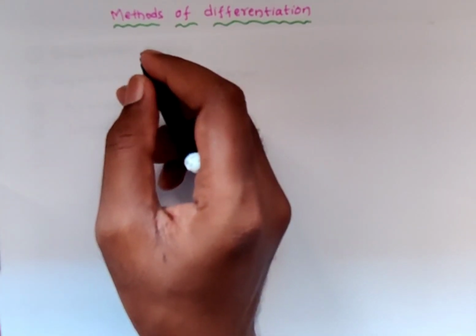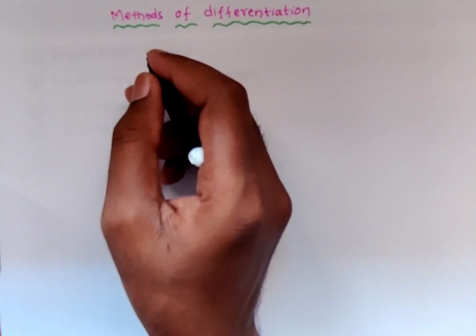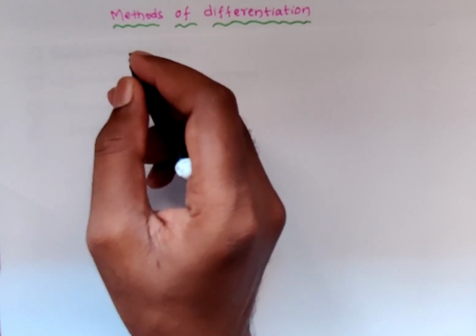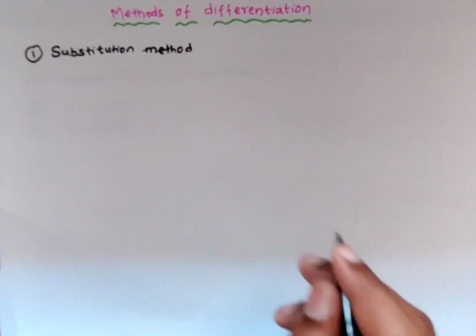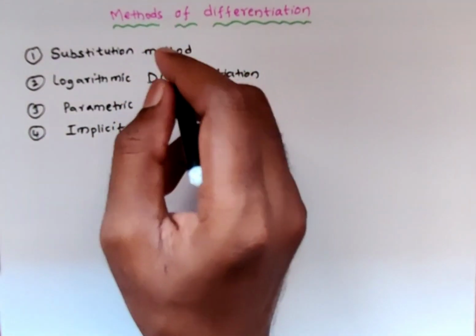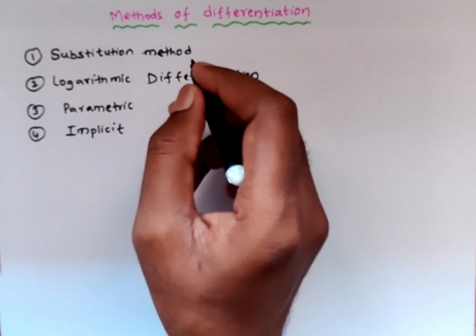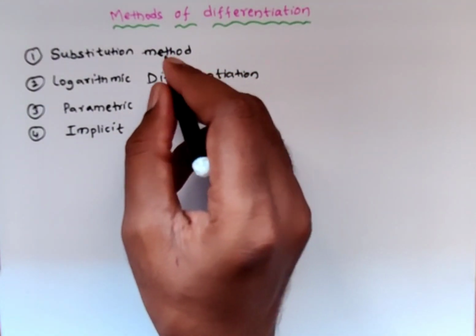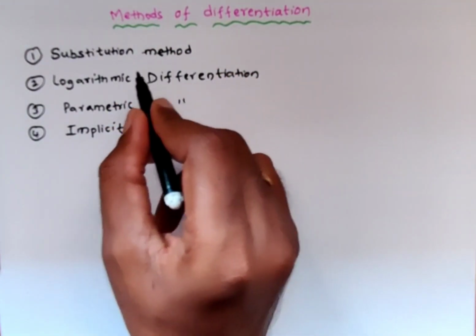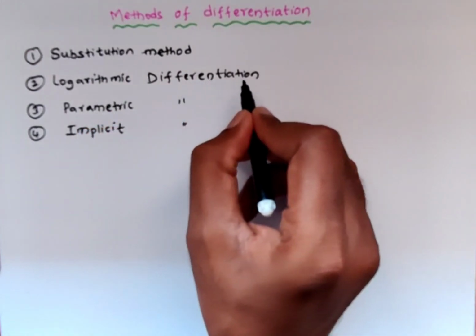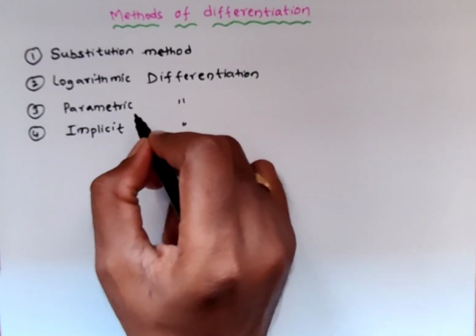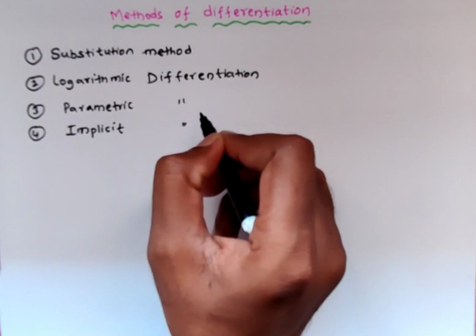So they are: number one, substitution method. Second one, logarithmic differentiation. Third one, parametric differentiation.